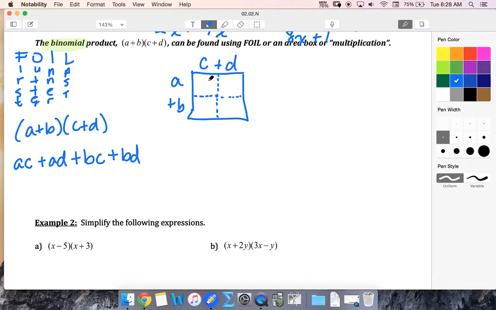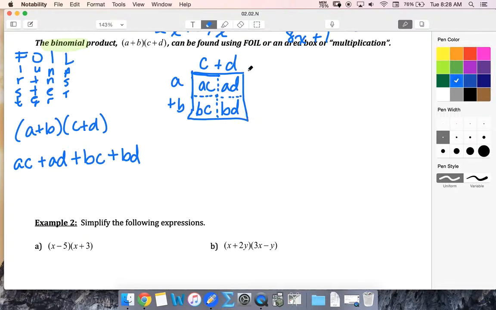So I can think of this whole product being many areas put together. So this first area is A times C, which is AC. This second area here is AD. This third area is B times C. And this fourth area is B times D.